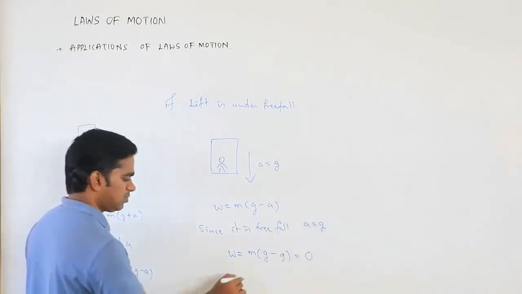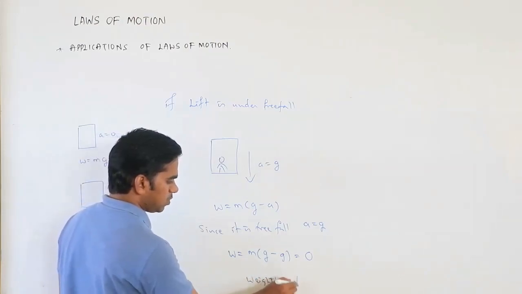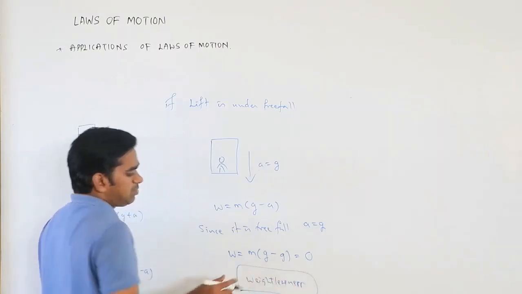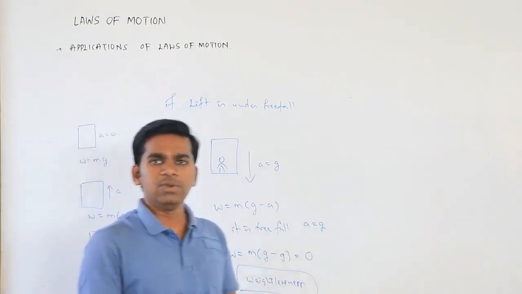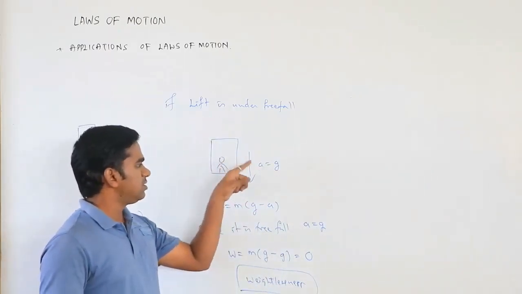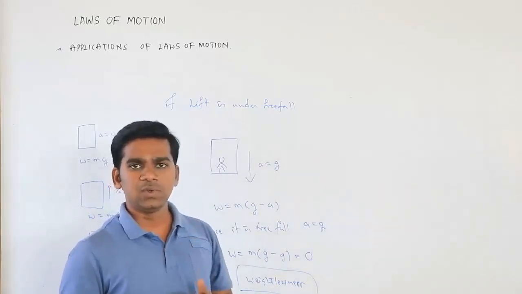That we call weightlessness. So we will experience weightlessness, we feel like we don't have any weight. That is possible when lift is moving downward with acceleration equals to acceleration due to gravity.